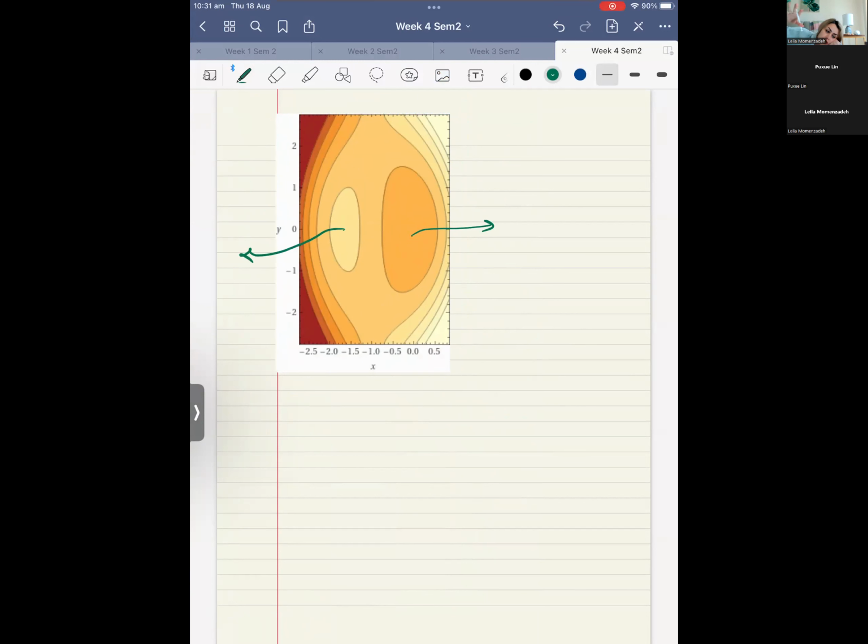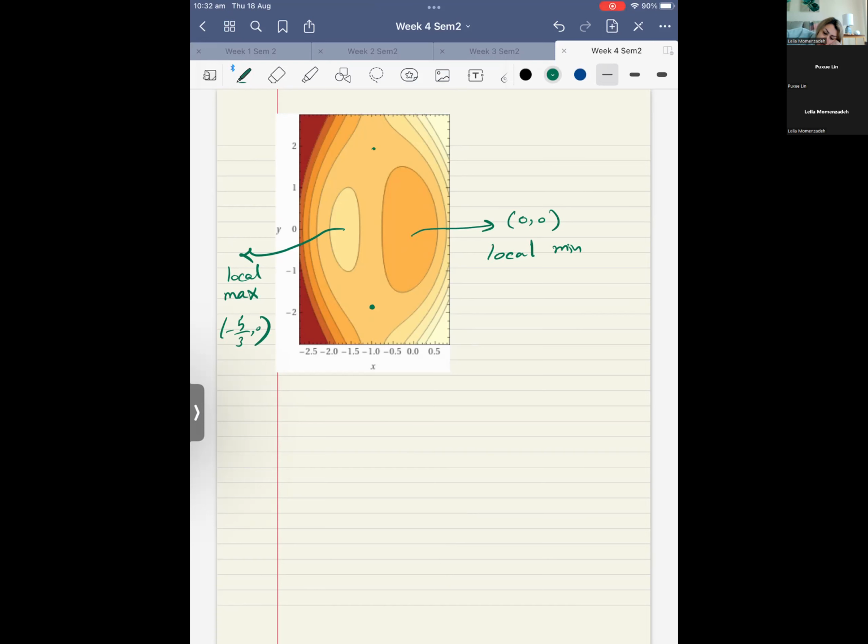One of them is darker, one of them is lighter. Darker is the lower part, lighter is the higher part. This point would be 0 and 0, local minimum. This one would be the local maximum, would be minus 5 over 3 and 0.